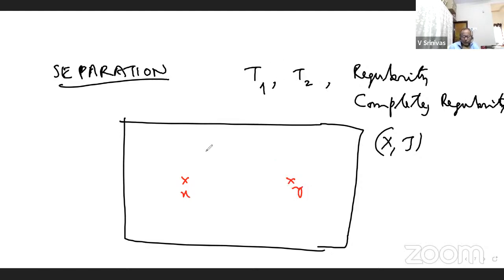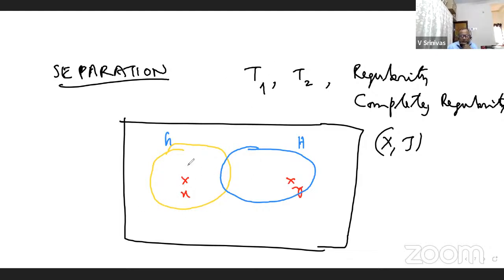Yeah, if you can separate these two with the help of open neighborhoods, right? So let there be an open neighborhood G for small x and some H for small y. Let this be an open neighborhood of y, and let G be an open neighborhood of x.